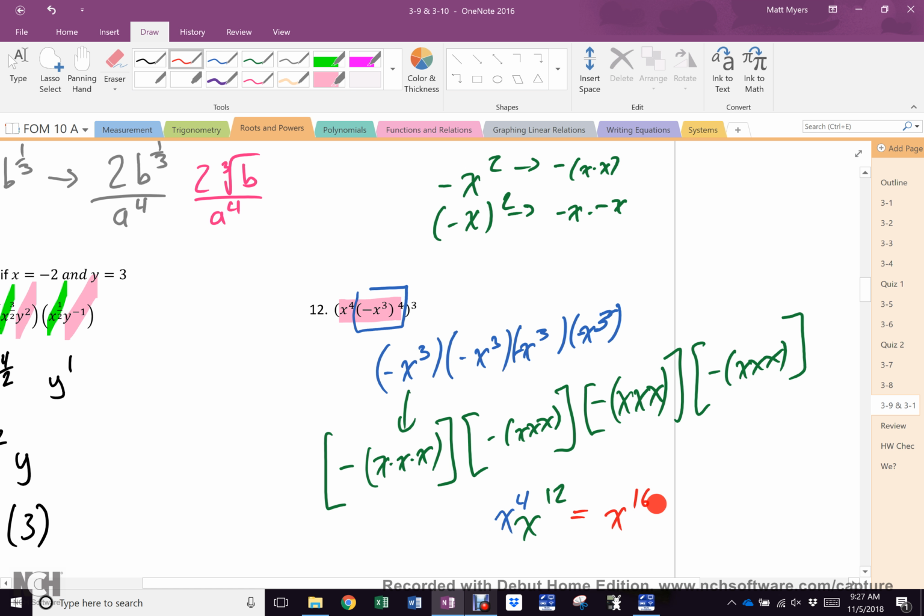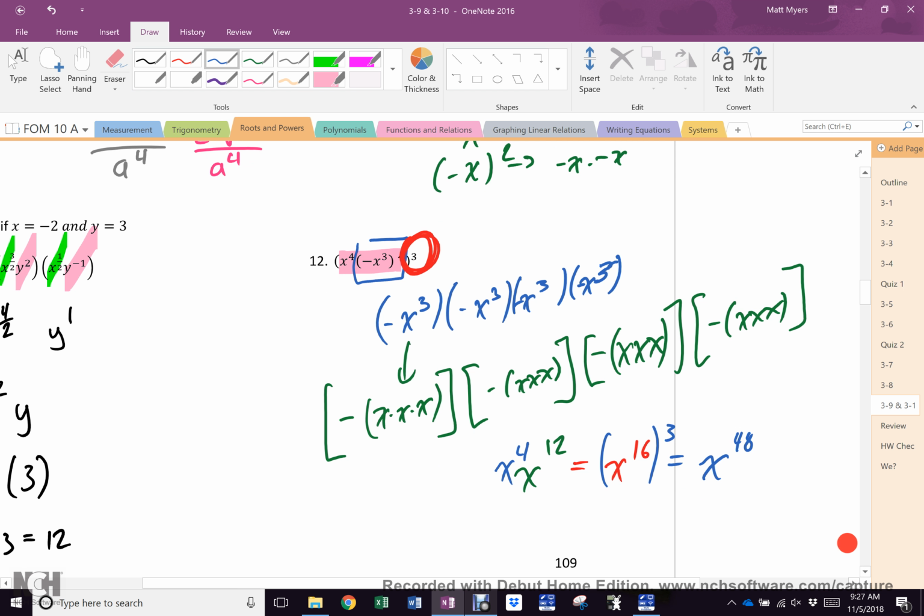But that's not the answer, is it? Because what's living out here? So that's cubed. So that's really x to the what? 16 times 3. What's 10 times 3? 30. What's 6 times 3? What's 30 plus 18? 48.